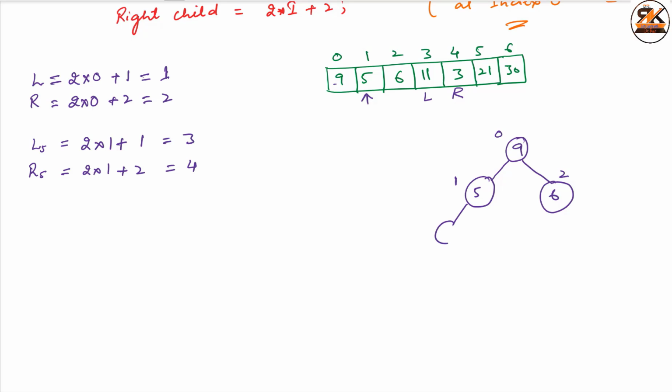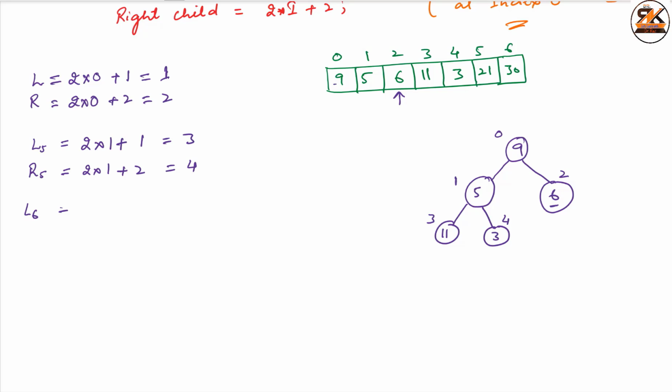So left child of 5 will have value 11 and right child of 5 will have value 3. Okay, so indexing here will be 3 and 4. Similarly, now for the node 6, we have to find the left and right child.